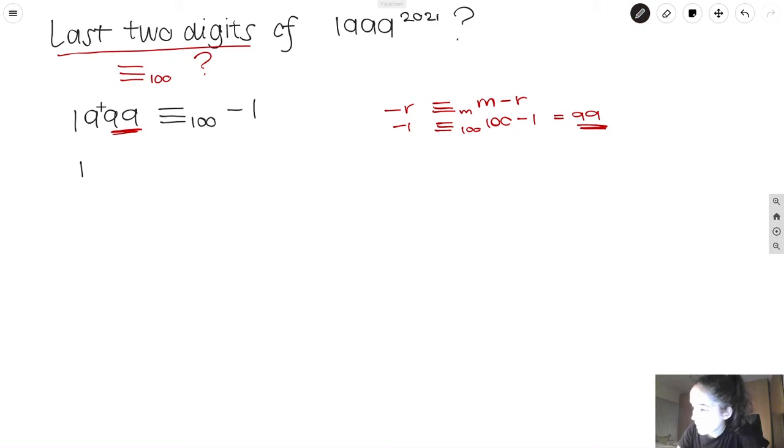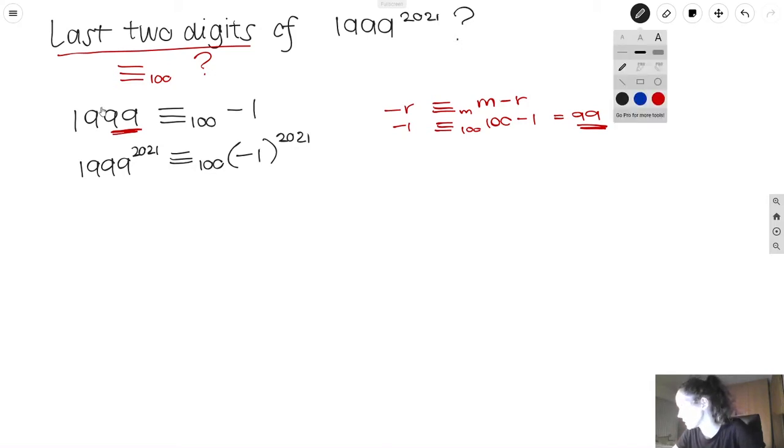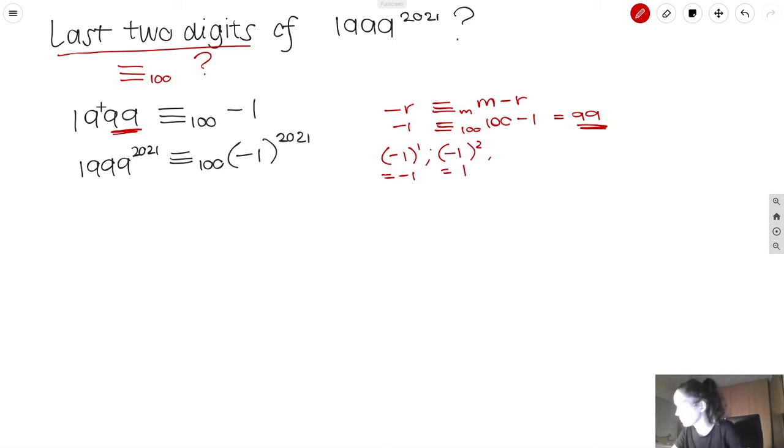Then we have that 1999 to the power of 2021 is going to be congruent to minus 1 to the power of 2021. Now if we look at minus 1, minus 1 to the power of 1 is just equal to minus 1. Minus 1 to the power of 2 is 1.